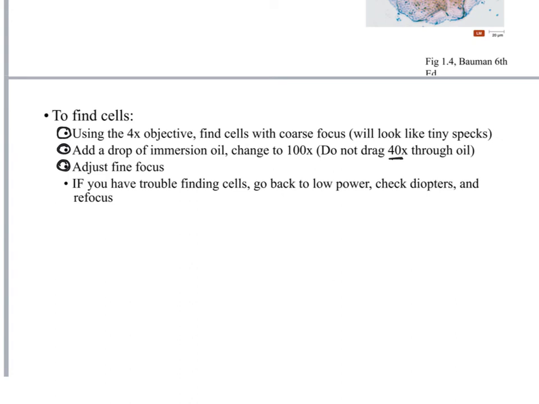If you're still having trouble, then you want to go back to low power. Check the diopters. Okay, I will show you where the diopters are in class, but they are at the end of your ocular lenses. Students lean on those and they tend to get out of whack a little bit.